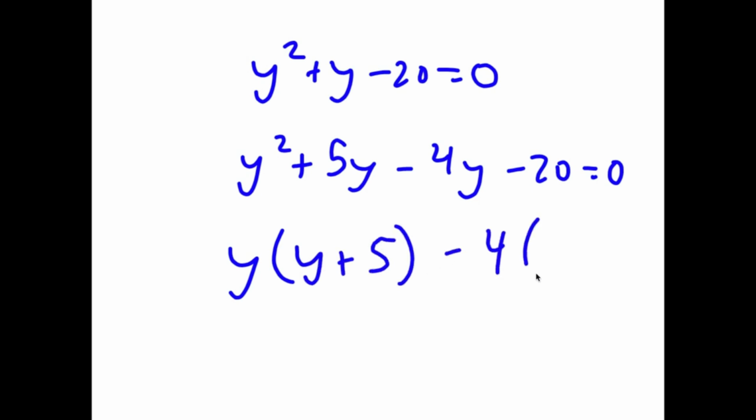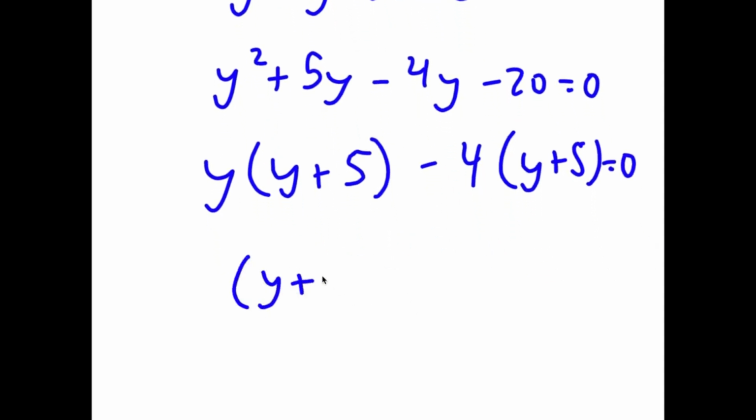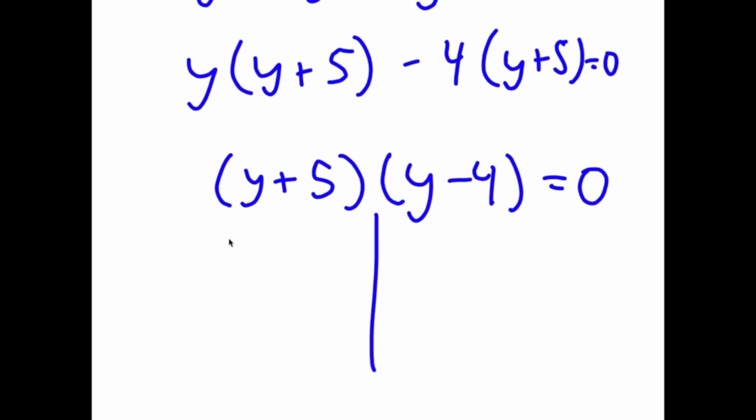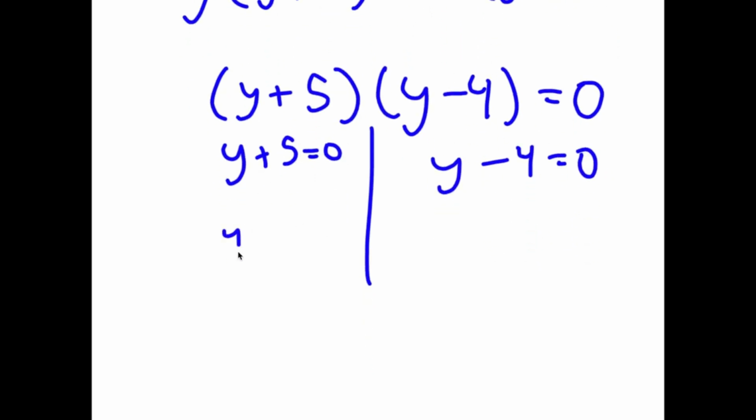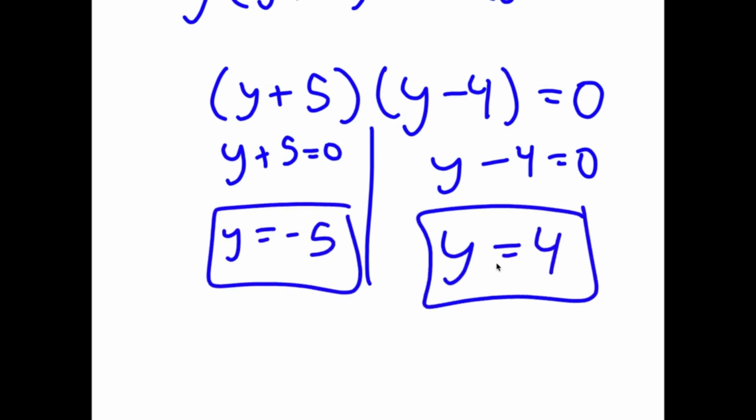And if I factor out negative 4, I get negative 4 times y plus 5 is equal to 0. So now I have y plus 5 times y minus 4 equal to 0. So now this gives me two equations. I have y plus 5 equals 0, and I have y minus 4 is equal to 0. So y plus 5 I can turn into y equals negative 5, and y minus 4 I can turn into y equals 4.